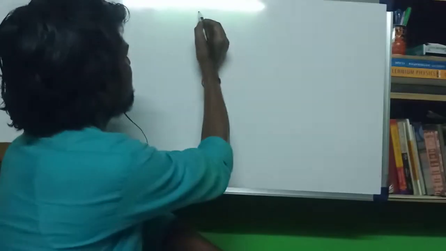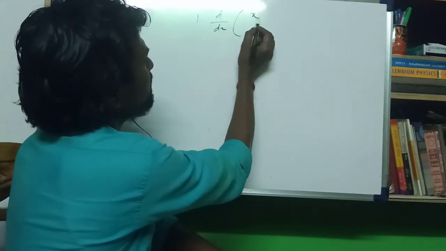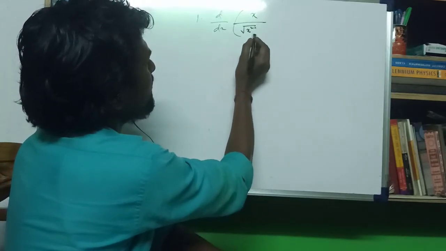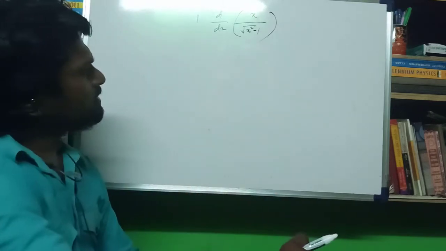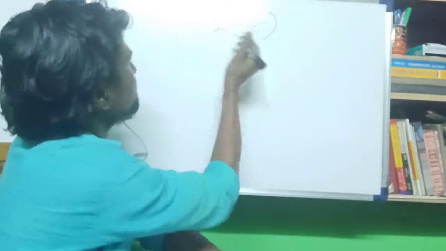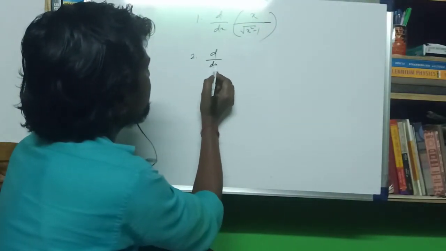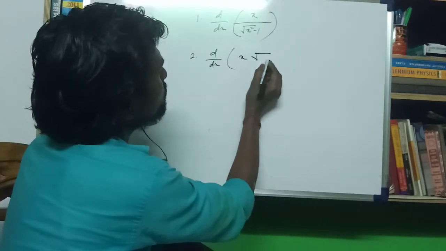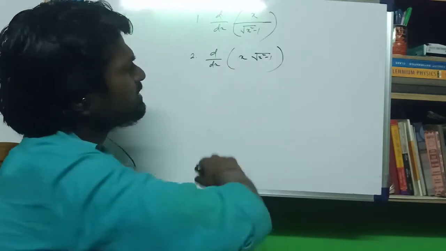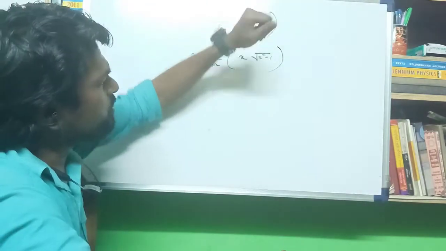So do the sum d/dx of x by root under of x square minus 1. This is in the divided form like this: x divided by root over of x square minus 1. It is like u and v, but here it is u by v.